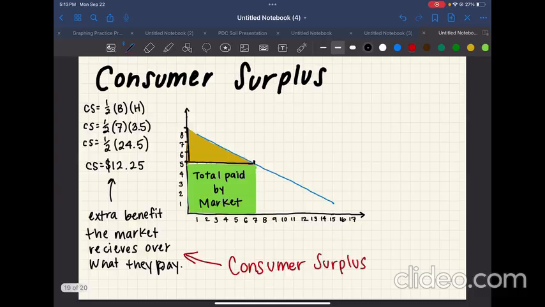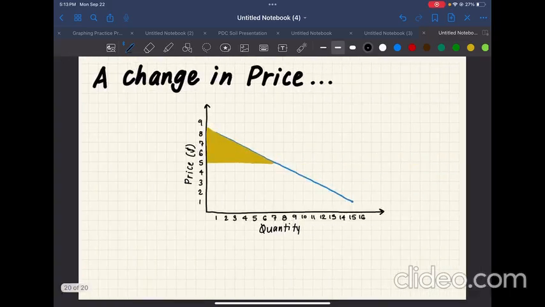All right, so what happens if there is a change in price? So let's just say that in this graph, we are talking about a big commodity like wheat. And in this situation, the government has decided to issue what's called a subsidy to wheat farmers.